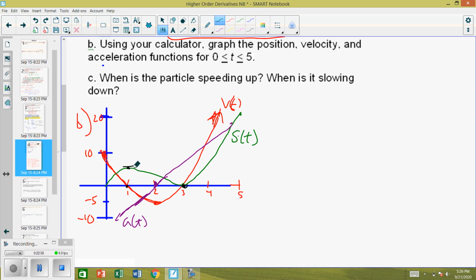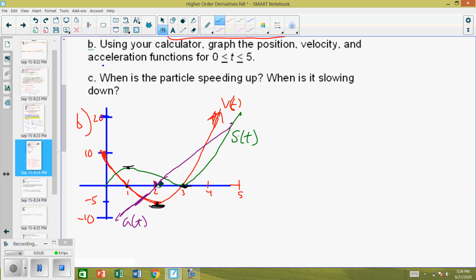Because we have horizontal tangent lines here, so the derivative is going to be equal to 0. Look at this connection. Do you notice how V of t has a minimum at 2, and notice how the zero for A of t is at 2? Pretty interesting, huh? It's because we have a horizontal tangent, so obviously its derivative is going to have a value of 0.